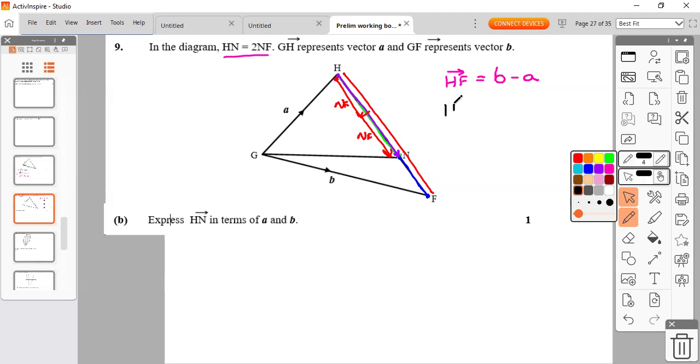So HN is equal to 2/3 of B minus A. I've spent a lot of time explaining that and trying to break it down into different pieces, but it's one of those you essentially have to visualize. We can take that information that NF is 1/3 of that whole thing.